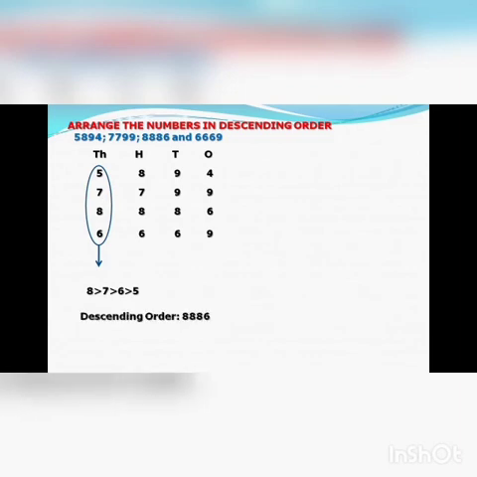Then 7799 is the second greater number. Then 6669 is the third greater number. And the last one is 5894.